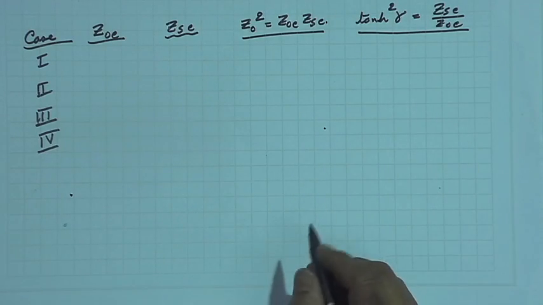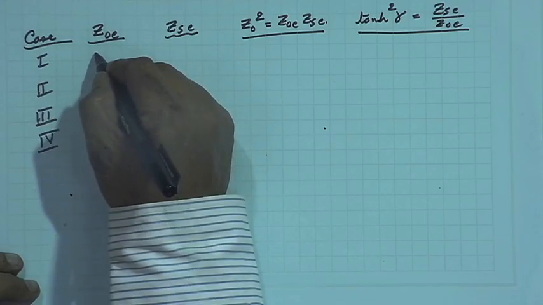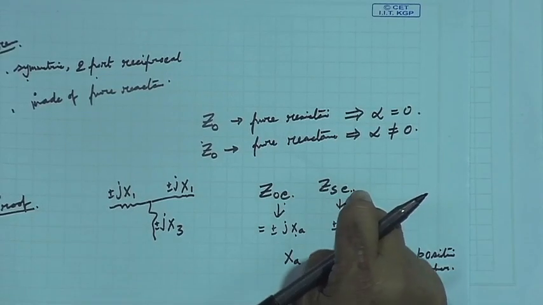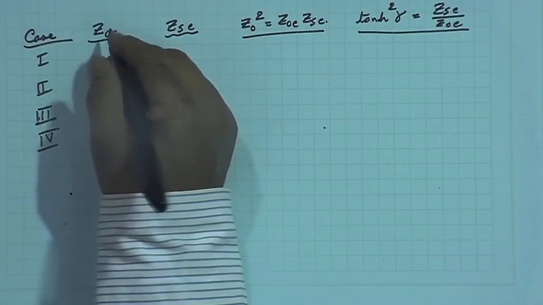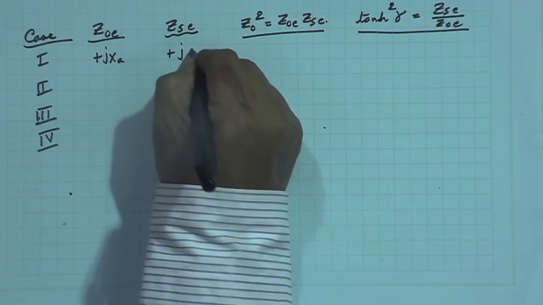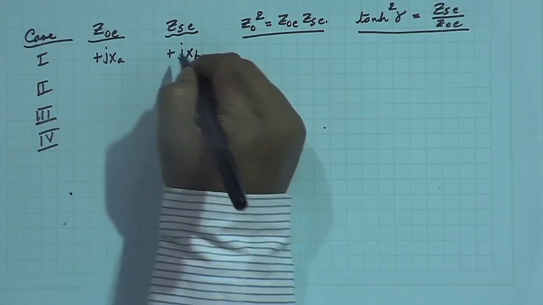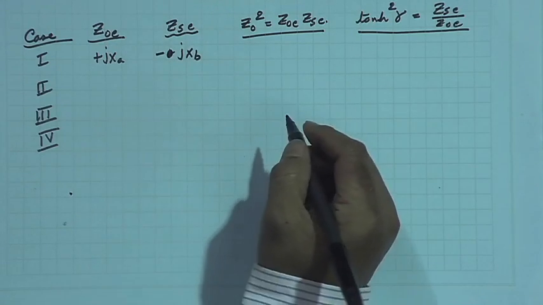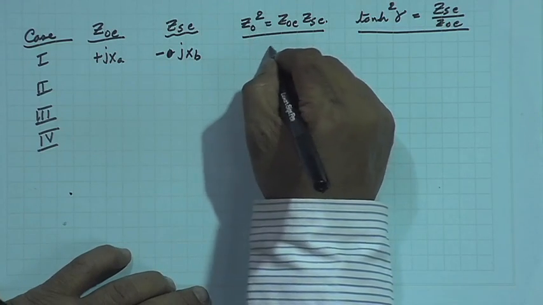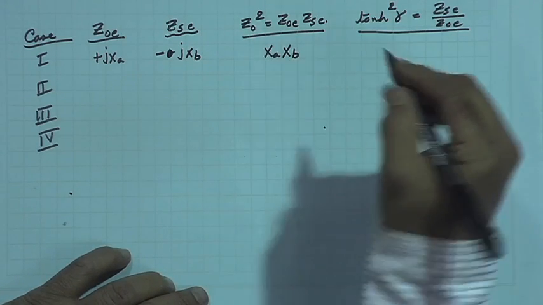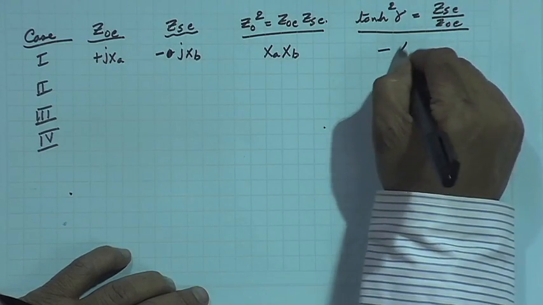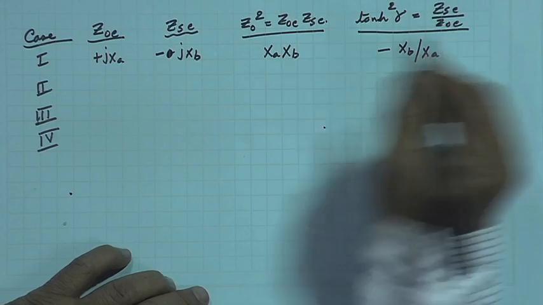So, we will make a table. Case 1 is, let us say, that ZOC and ZSC are of opposite sign. So, it is plus jXA, it is minus jXB. Then what will be Z naught square? It will be simply XAXB. And what will be ZSC by ZOC? It will be minus XB by XA.